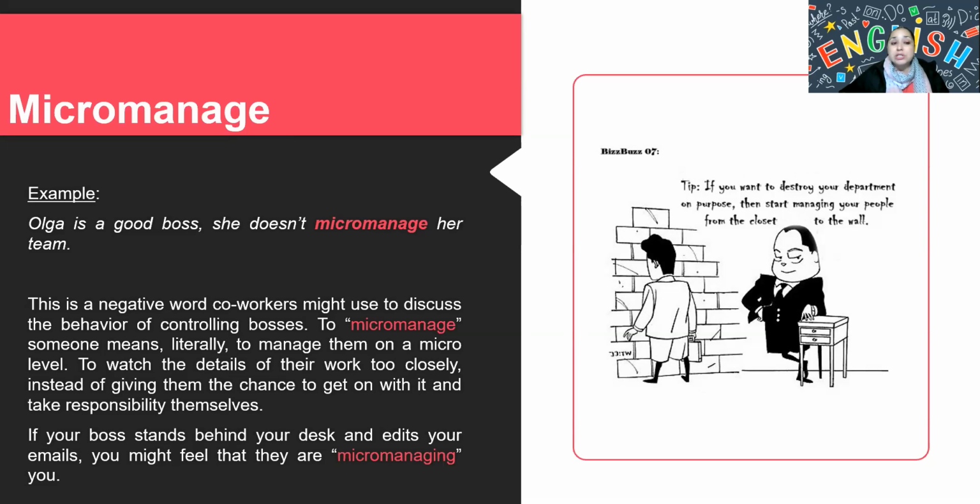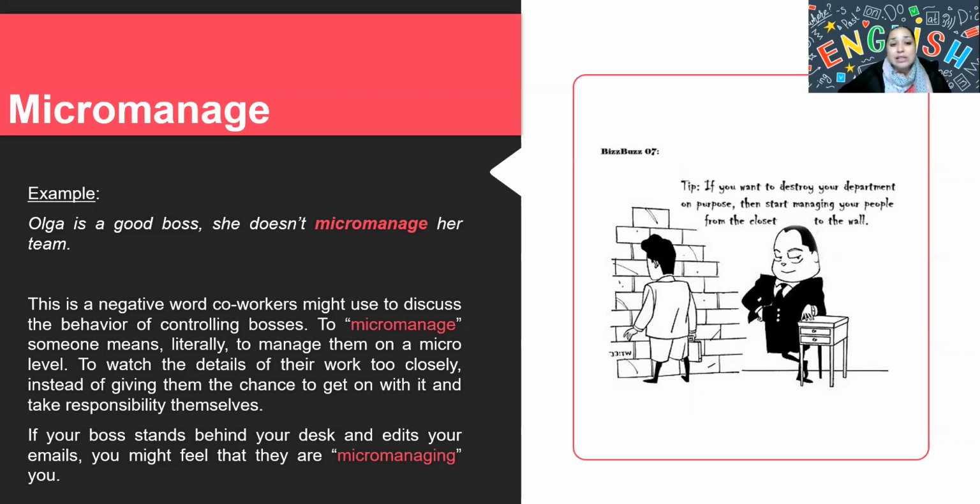To micromanage someone means literally to manage them on a micro level. It's to not give power to your team, to no one in your group. So it's like, oh no, I'm the boss. I'm just the manager. And you don't have a voice. That's micromanage.